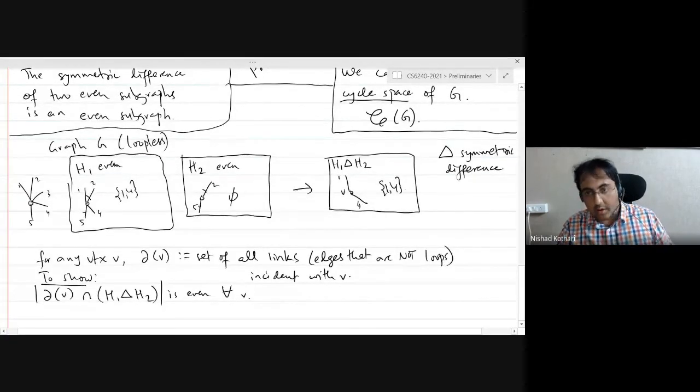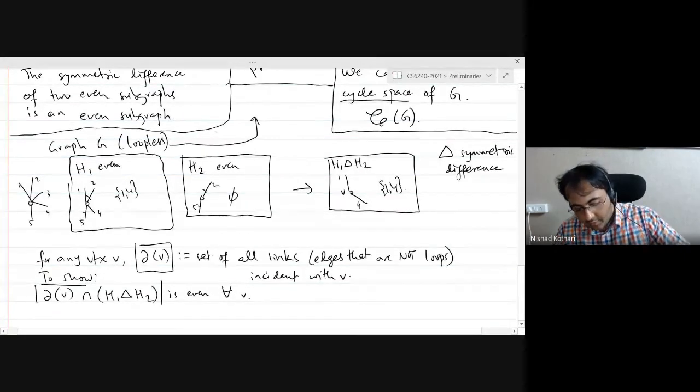There is one problem. I did not deal with loops because when I looked at the notation partial V, I just looked at the set of all links. So I will leave this as homework. Convince yourself that even when your graph has loops, it doesn't really matter.